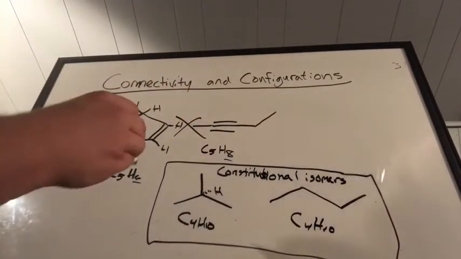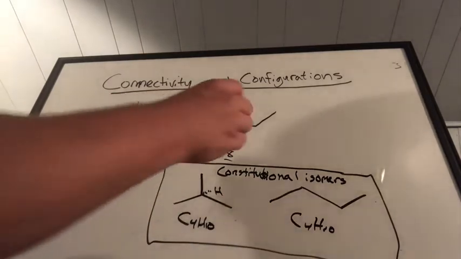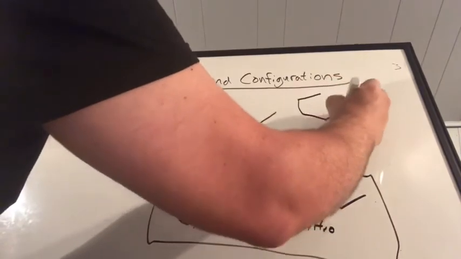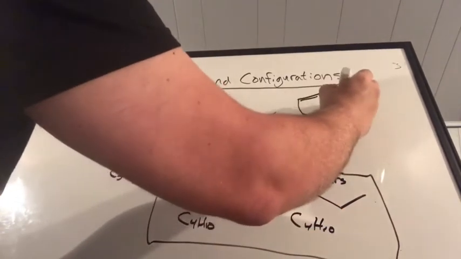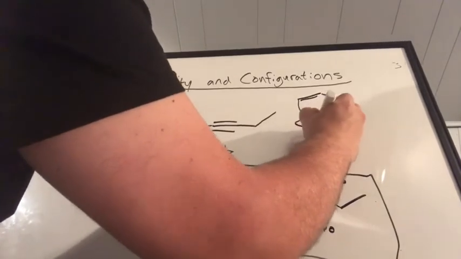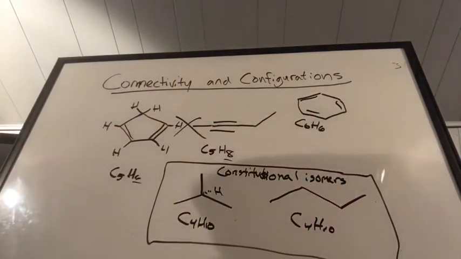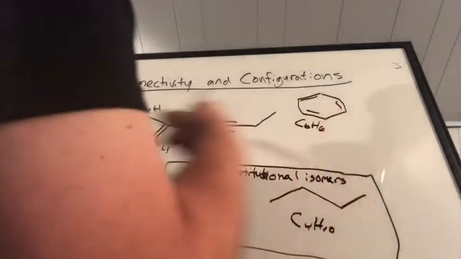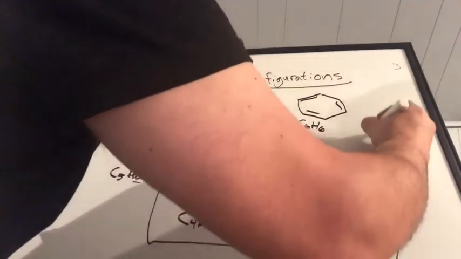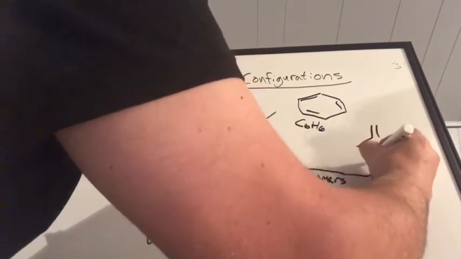Okay, how about another example here? So we have benzene. So it's just going to be C6H6. Okay, and then we have a cyclopentadiene that has a methylene group or a geminal alkene hanging off of that.